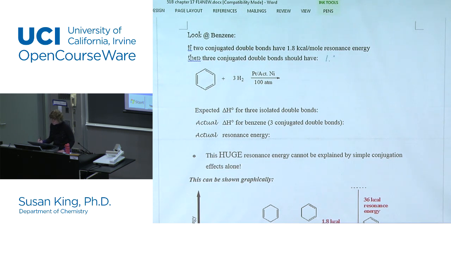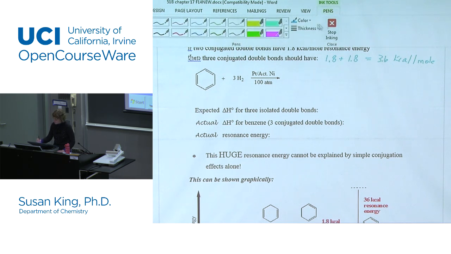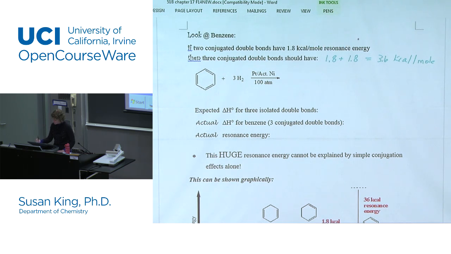Should have 1.8 plus 1.8. That's our working theory here. 1.8 plus 1.8 is 3.6 kcals per mole. And all we did to get that was add another conjugated double bond.